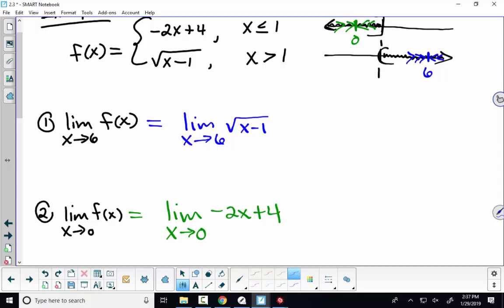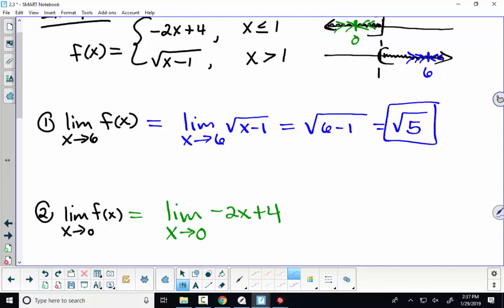The limit as x approaches 6 on the square root of x minus 1 is the square root of 5. Would that be a hole or a point? Point.